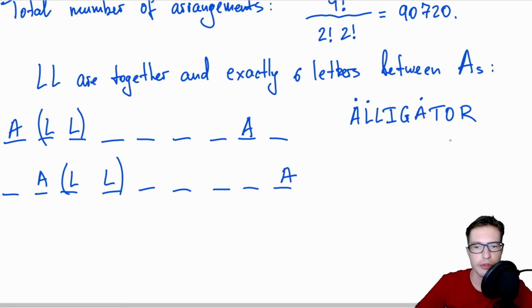And the 2 L's are also gone. And we don't have any identical letters anymore. Now, looking at the first scenario, how many ways are there to fill up this position? We got 5 ways to do so. Now, looking at the space between the 2 A's, we'll realize that we actually have 1, 2, 3, 4, 5 objects. And the number of ways we can rearrange them is going to be 5 factorial.